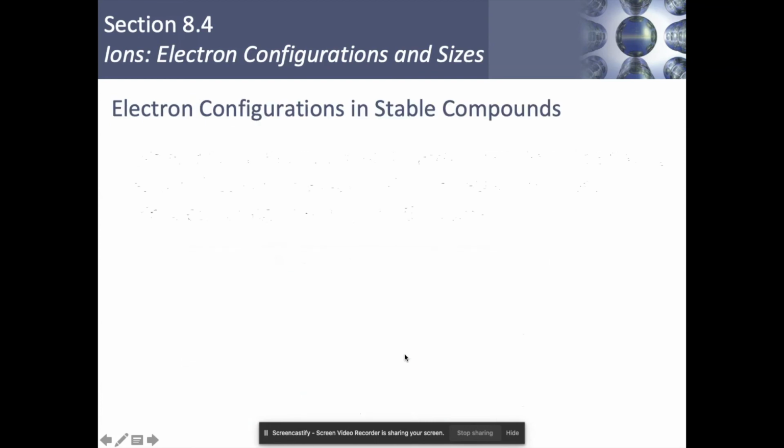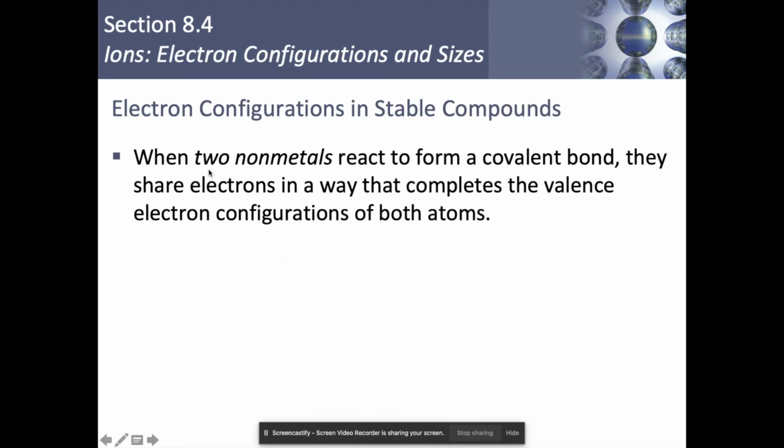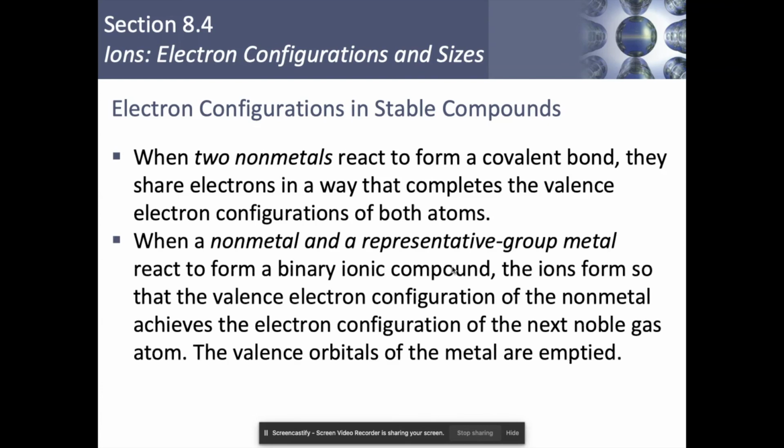And so when two nonmetals react to form a covalent bond, they share electrons. When they share those electrons, they complete the valence electron configurations of both atoms. And that's, again, a stabilizing force.